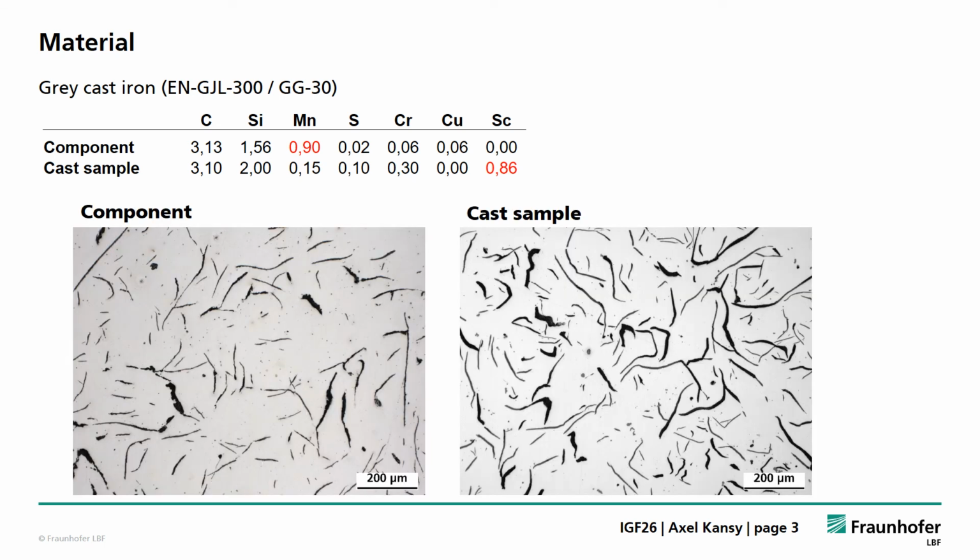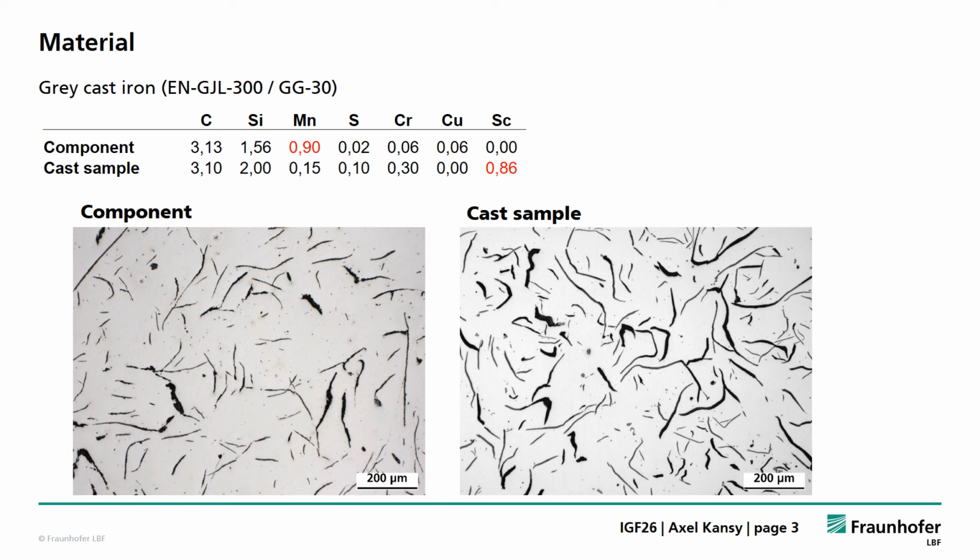Let's take a look at the microstructure by using light microscopy images. We can see slight differences in the graphite morphology. So in this microstructure, the lamellae are a little bit more dense compared to this microstructure.